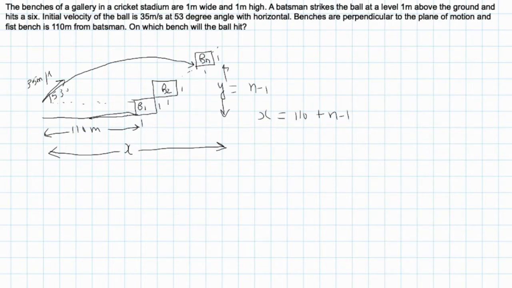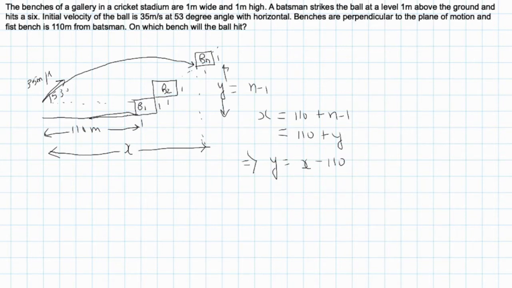Why 110 plus n minus 1? Because there are n boxes and we are excluding this last box, because this has to be your x. Pardon my drawing again. So this is 110 plus n minus 1. Now we can write y is equal to x minus 110.